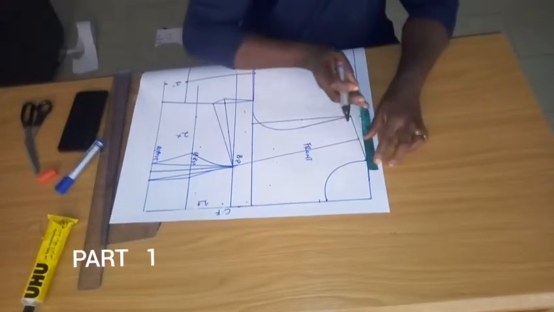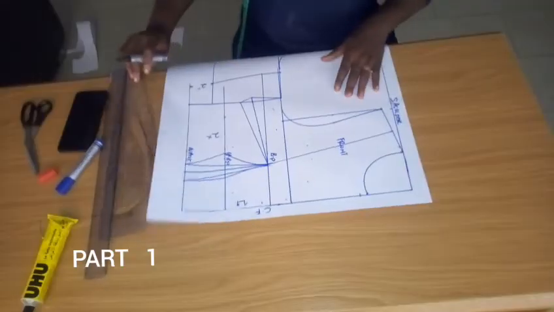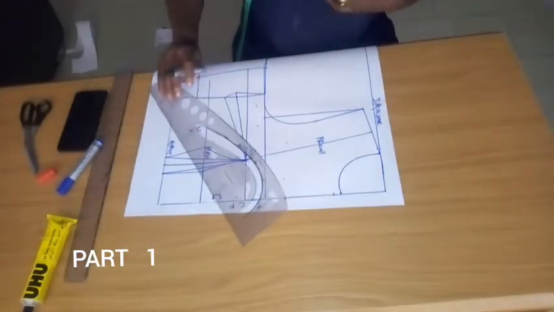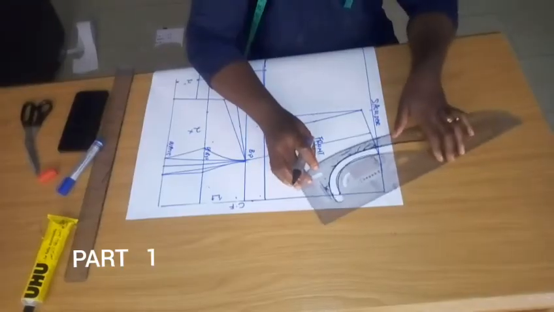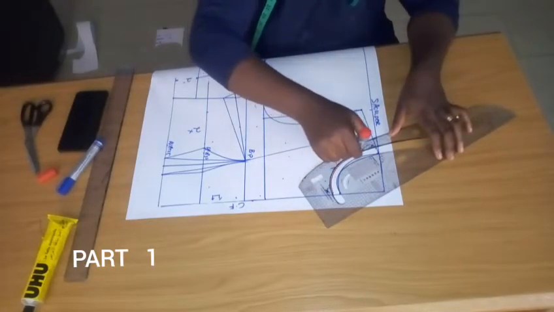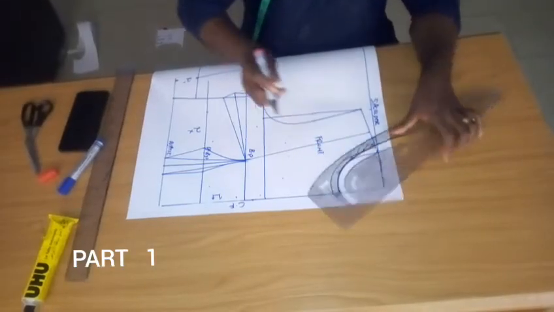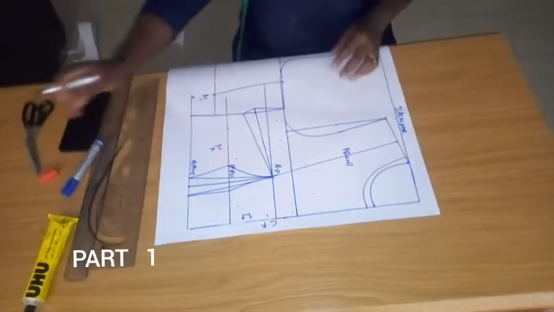And I will come out from here by 1/2 inch. So make sure you calculate your natural neckline very accurately to avoid choking. I'm using my red marker to mark out the new neckline. So this is the new neckline we are using for this particular yoke dress.